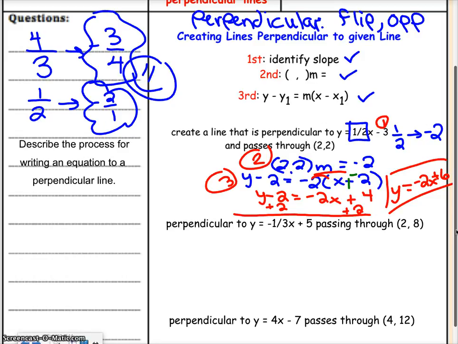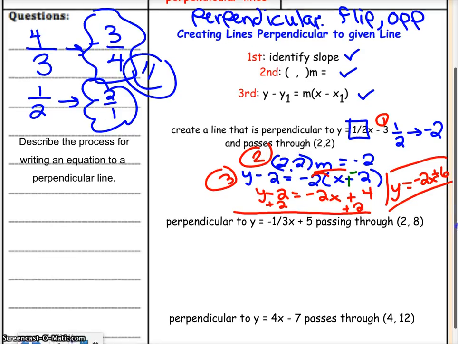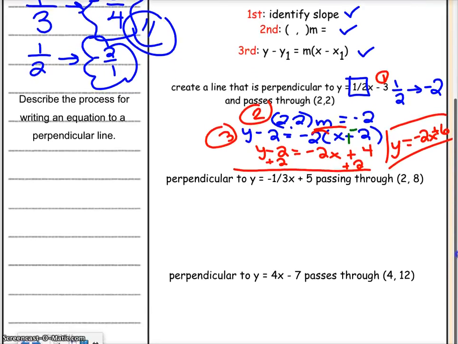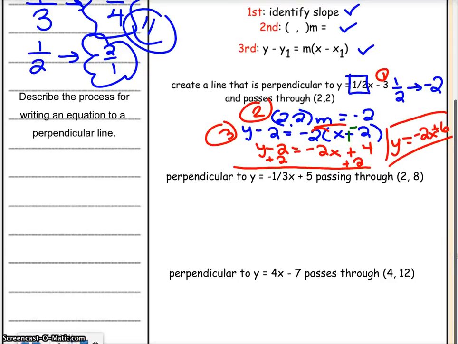Okay, doing it again. Let's create an equation of a line that's perpendicular to this whole line, and passes through the point 2, 8. First, slope. So what I do first is I box off this slope.